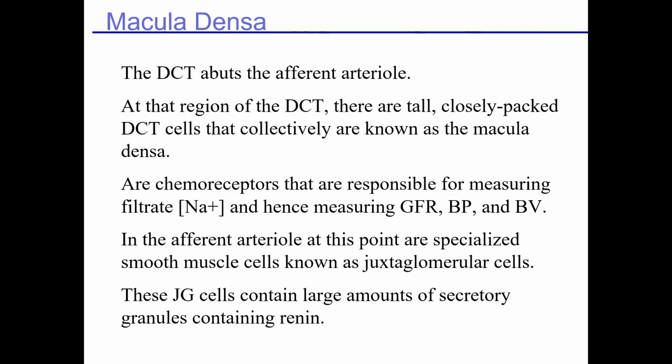We form filtrate faster. We don't have time to get all the sodium out. So the sodium levels, by the time we get to the macula densa, are elevated. High sodium levels mean a high GFR, and it means high blood pressure. So now we've been able to detect the GFR and blood pressure based on the sodium levels.